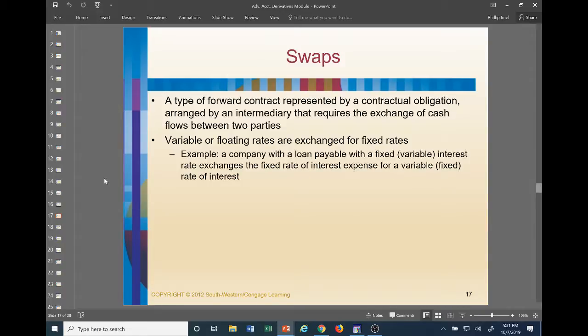Most often, swaps are used to hedge against unfavorable outcomes and are explained more fully in a later discussion of hedging. Common examples include foreign currency swaps and interest rate swaps. A good example is a company with a loan payable with a fixed or variable interest rate that exchanges the fixed rate of interest expense for a variable or fixed rate of interest.